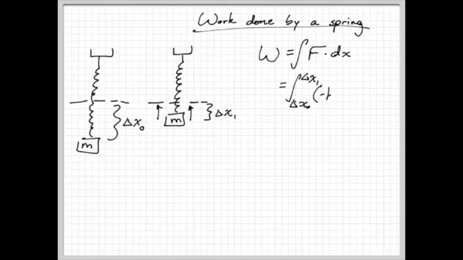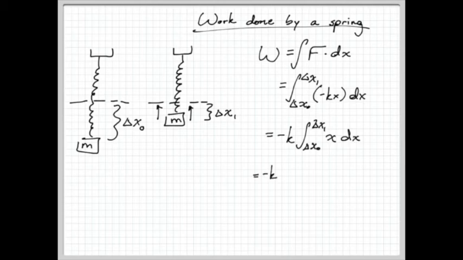Force was spring, so minus kx over delta of change in x. So now we need to calculate an integral. So k is a constant, so we'll pull that out. And now we have to do the integral from change in x0 to change in x1 of x dx.